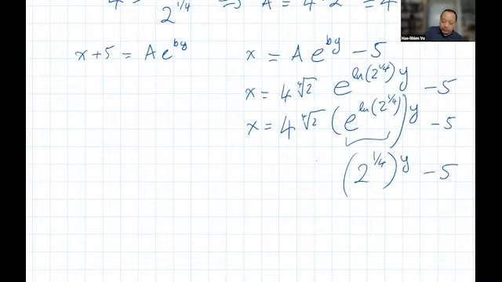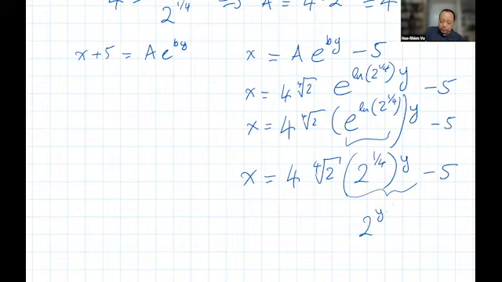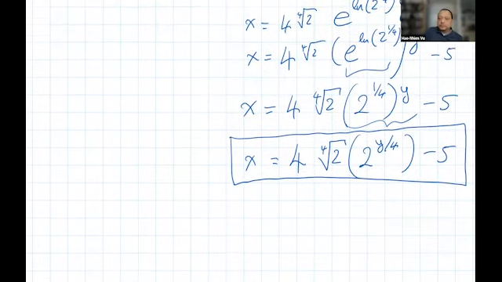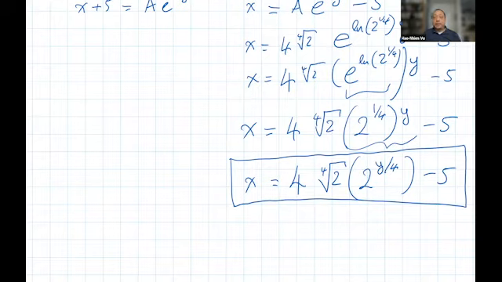And copy down everything else. These, I can put them together. 2 to the power y over 4 minus 5 and x. Final answer. That's the equation of the graph.